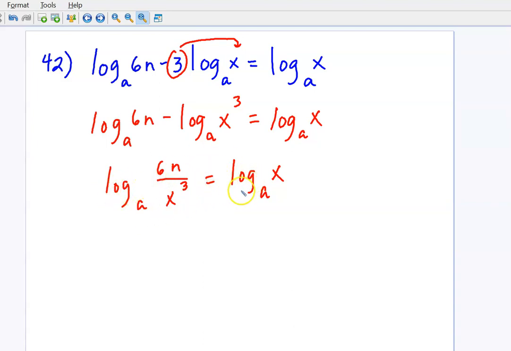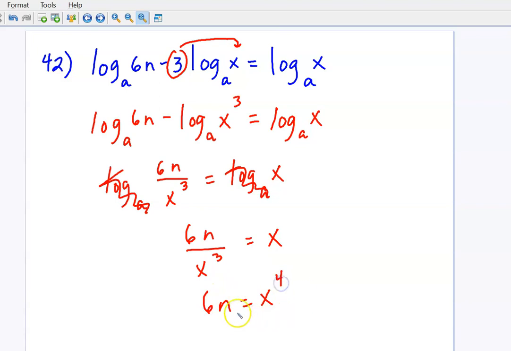Since I've got single logs on either side of the equation, these logs will just cancel each other. And 6n over x cubed equals x. I'm supposed to solve for n, so I'm going to multiply by x cubed on both sides. And I'm going to divide by 6 on both sides.